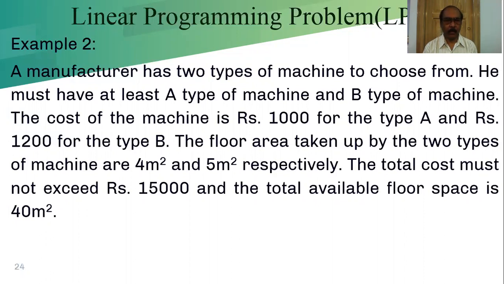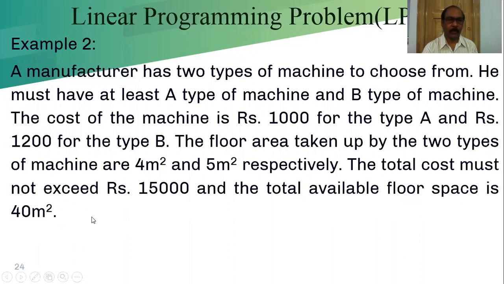The total cost must not exceed 15,000. Whatever the budget is given, that is the maximum 15,000 to buy machine A type and B type. And the total available floor space is 40 meters square.